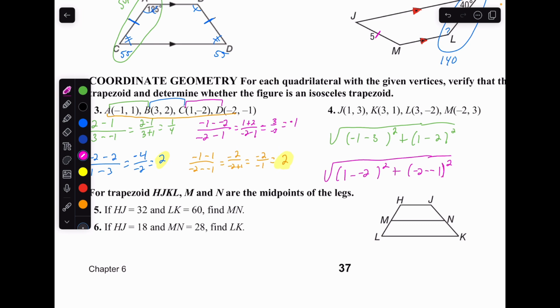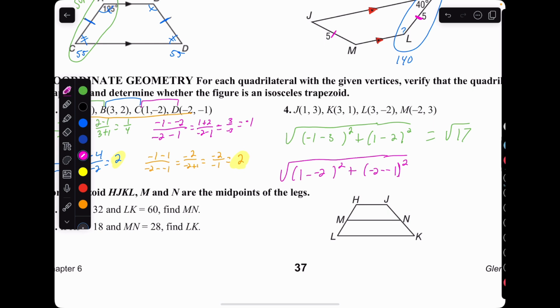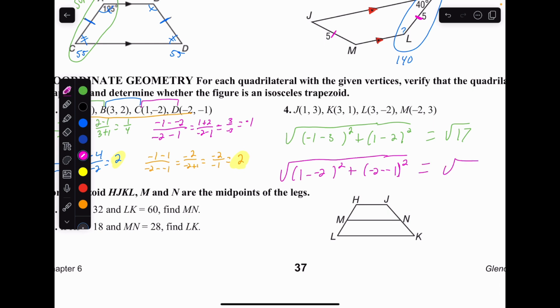Okay, and then the green is going to give you the distance of AB, which is going to be the square root of 17, and the pink is going to give you the square root of 10.